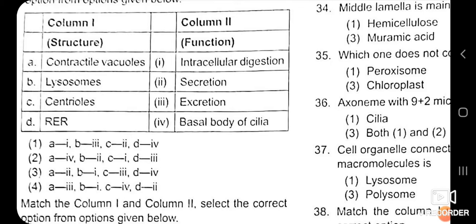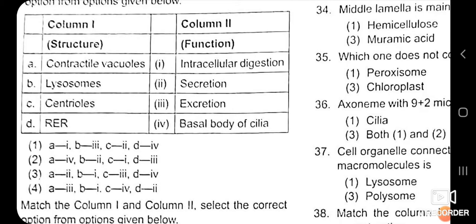Okay, we will discuss first the structure and its function. Contractile vacuole: vacuoles which are present mainly in the amoeba, and it is for excretion. Lysosome is a cell organelle which is full of enzymes involved in intracellular digestion.